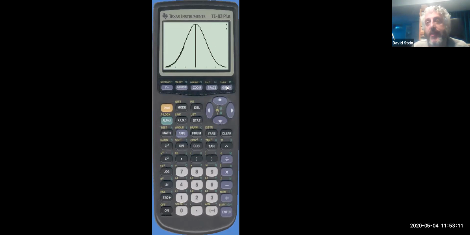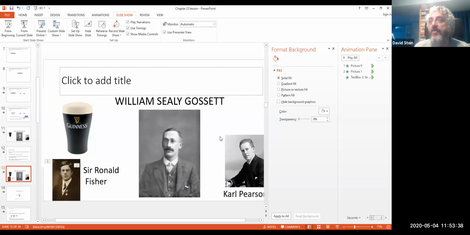And now you'll see there's very little difference. As the degrees of freedom gets bigger, this T distribution starts approaching the normal distribution. And this is all what Gossett was hypothesizing, not using math, but using the experimental data that he was getting.